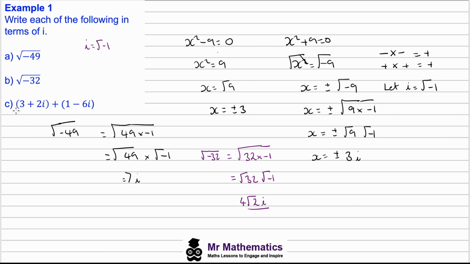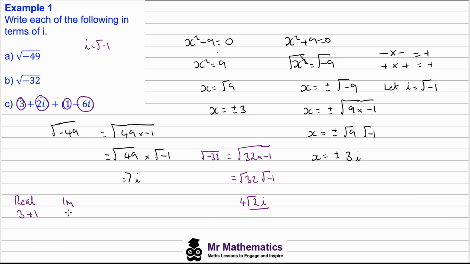So in example C, we're collecting 3 plus 2i with 1 minus 6i. With questions like this, we need to identify the real and the imaginary numbers. Well, the 3 is a real number, and this 1 is also a real number. So we'll collect the real numbers together. We've got the 3 plus the 1. Then we've got the imaginary numbers, the 2i and the negative 6i.